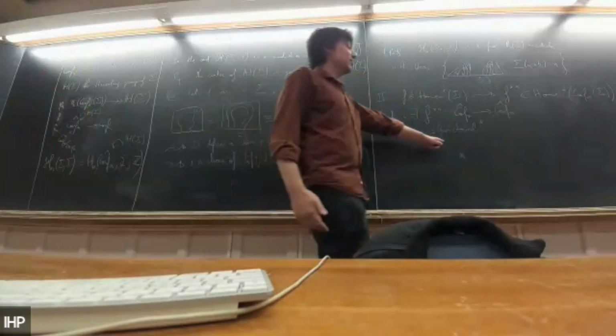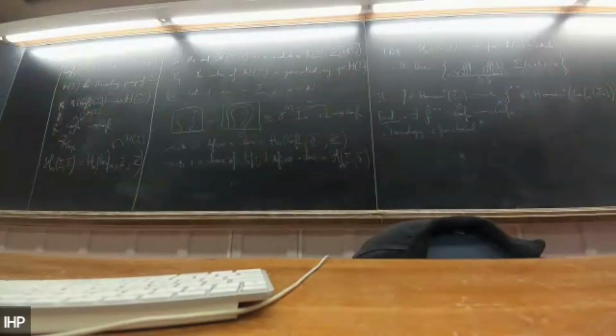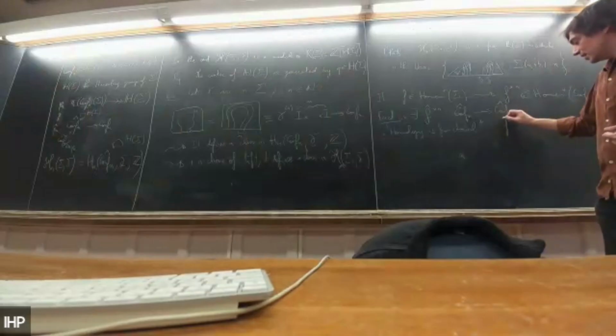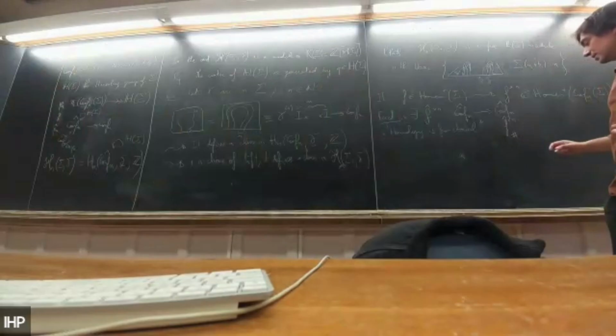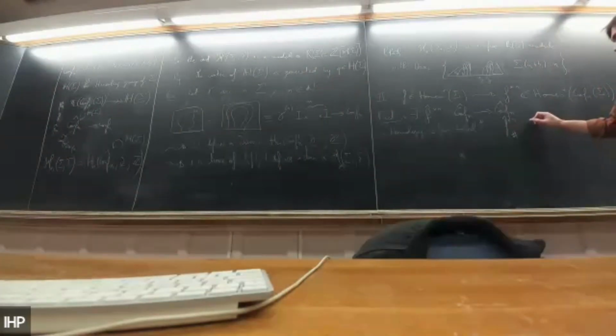Namely, if you have a continuous map from a topological space to another, you can push it to homology. It gives you a morphism from the homology of X to the homology of Y. So here, what I get from just the functoriality of homology is a map that I will call F_n hat sharp, that goes from H_n to H_n.